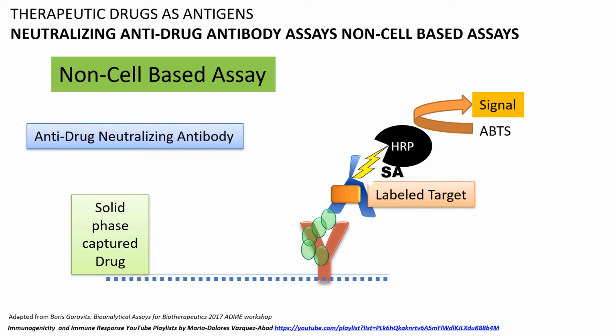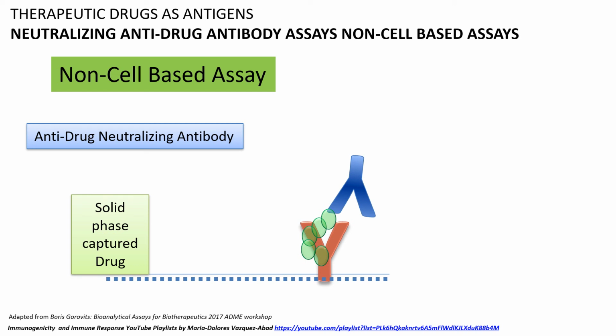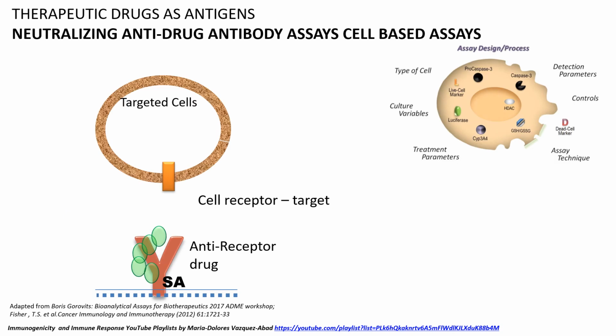Now, if we have an anti-drug antibody that neutralizes the drug, in other words, blocks the labeled target from binding the drug, then we don't have a signal. So the neutralizing antibody tests are complex. They could be on solid phase, or they could be cell-based.